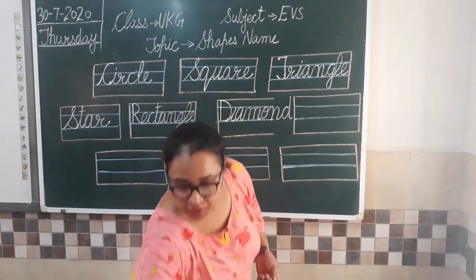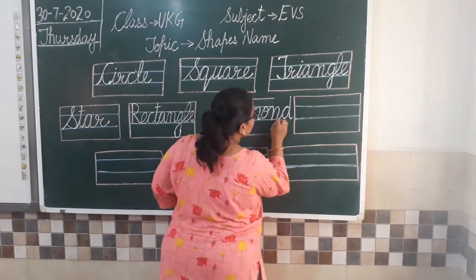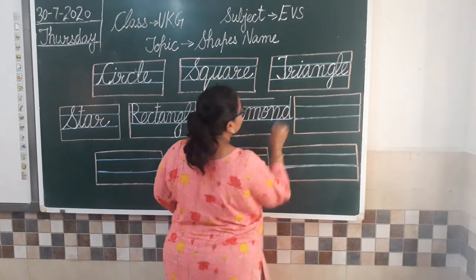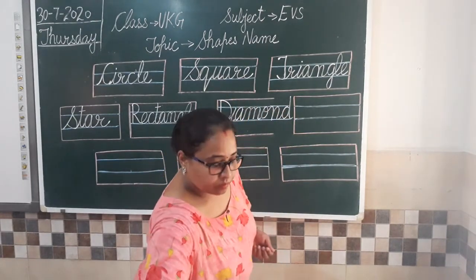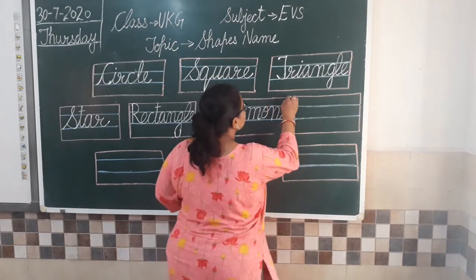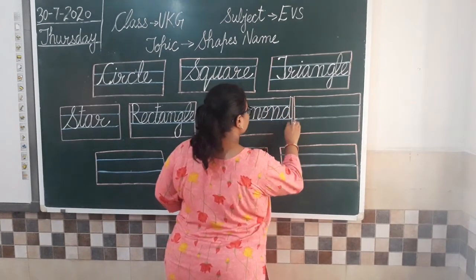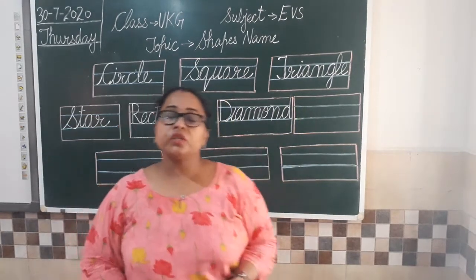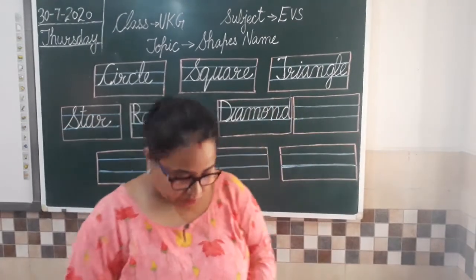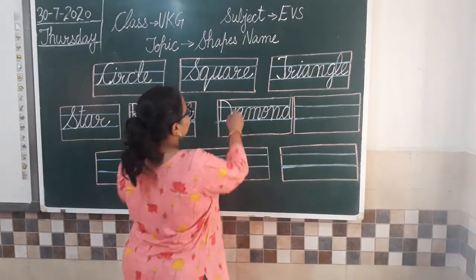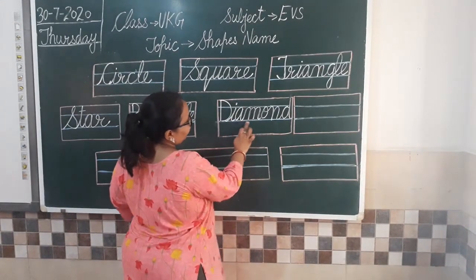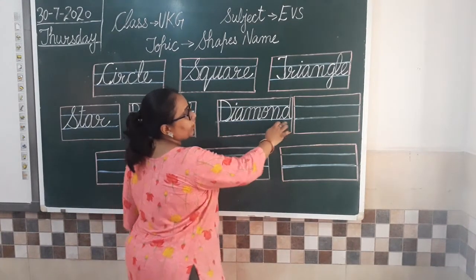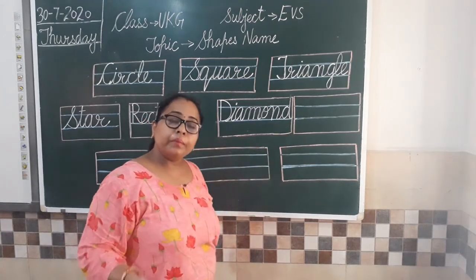So it's a diamond shape now. I'll just cover this hole first. So this is a diamond shape. How we have written it? D-I-A-M-O-N-D. What it means? Diamond.